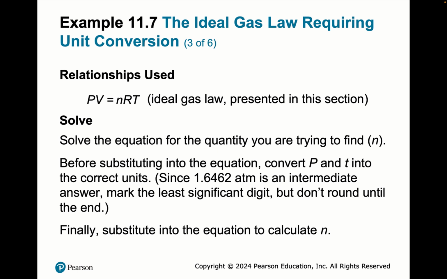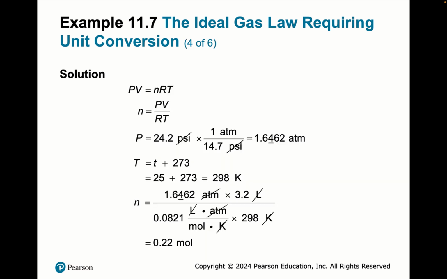But now we need to figure out the pressure in atmospheres. So we're going to convert psi to pressure in atmospheres, and then put the temperature in Kelvin, and then put the units in. So there's a couple ways you can do this. There are certain R values.